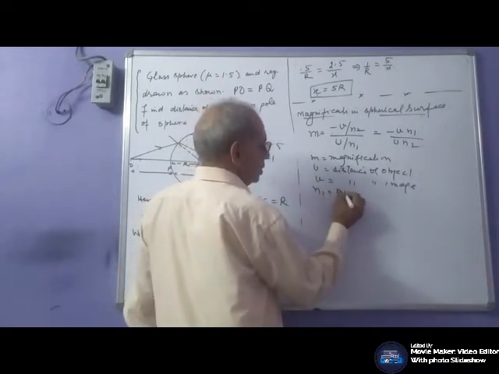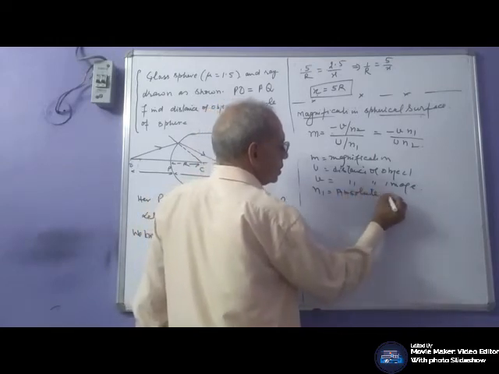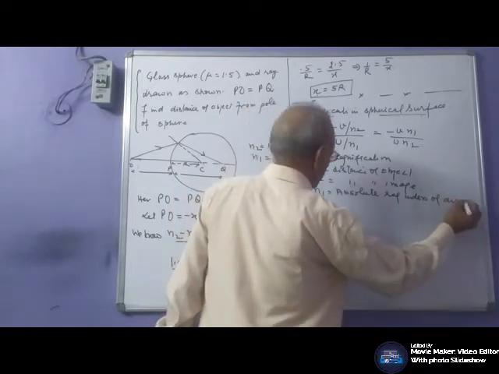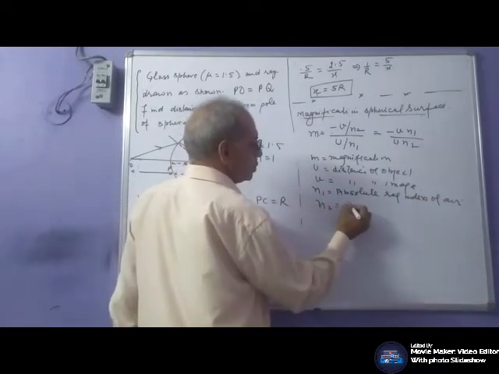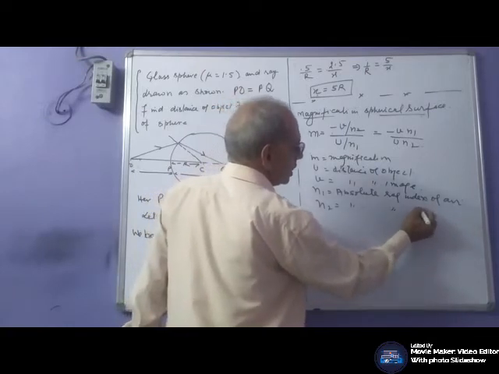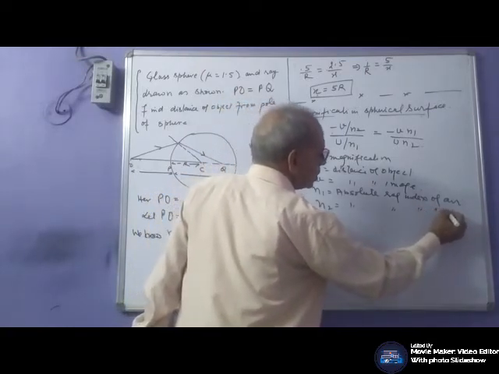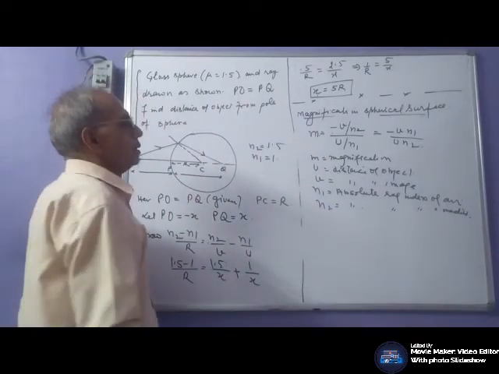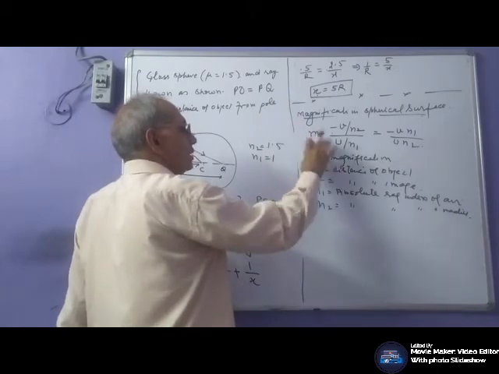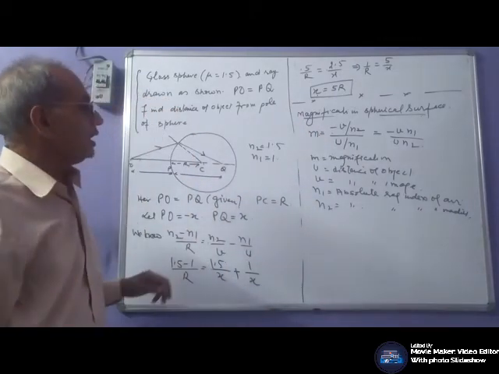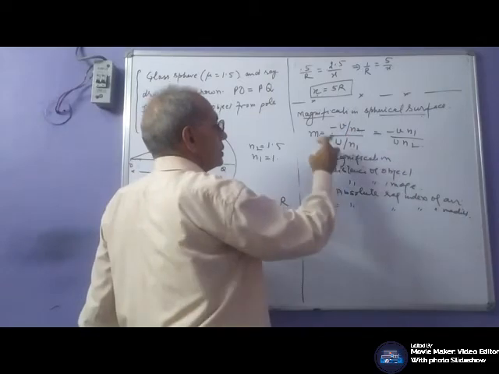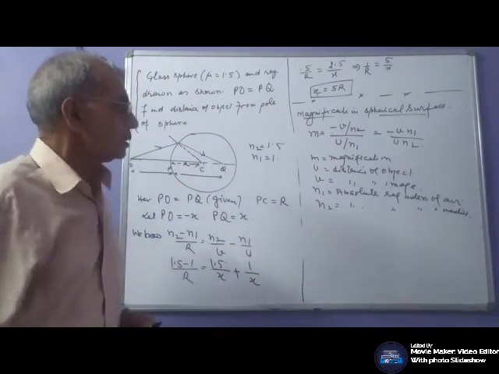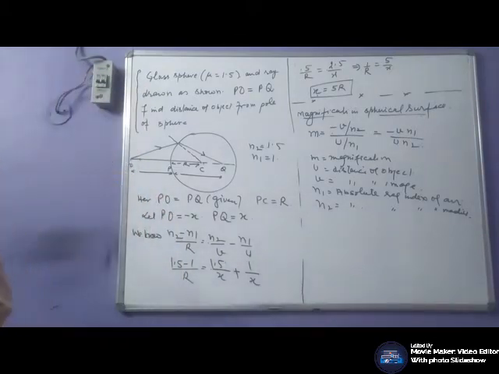N1, absolute refractive index of air, and N2, absolute refractive index of the medium. M was minus V by U. Here the distance traveled will be this. So this is the magnification of spherical surfaces.